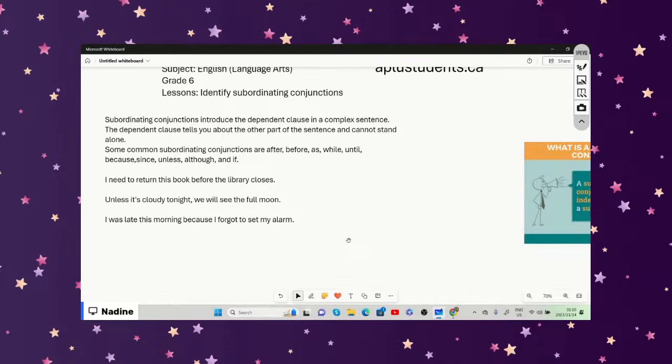So I need to return this book before the library closes. So if we identify our subordinating conjunction, we can say it is before the library closes. And that is our subordinating clause, basically. Before is the conjunction, and the dependent clause is basically before the library closes.